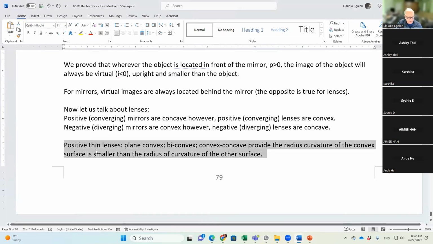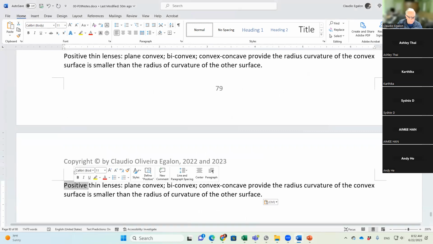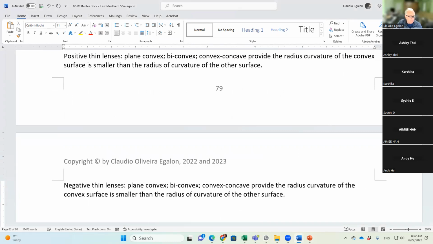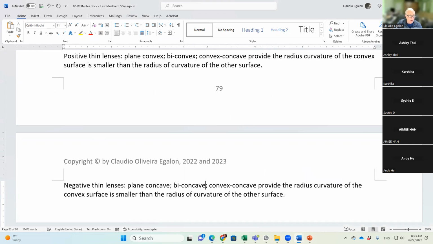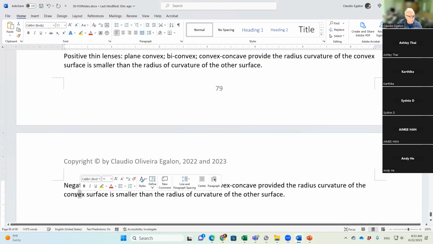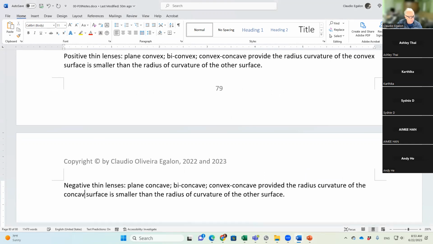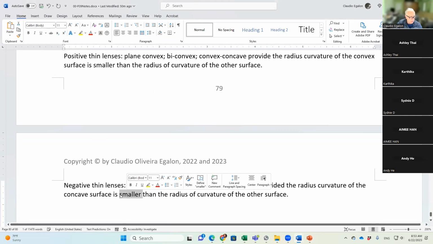And then we have negative thin lenses. Plane concave, biconcave, convex concave, provided the radius of curvature of the concave surface is smaller, is less than the radius of curvature of the other surface.